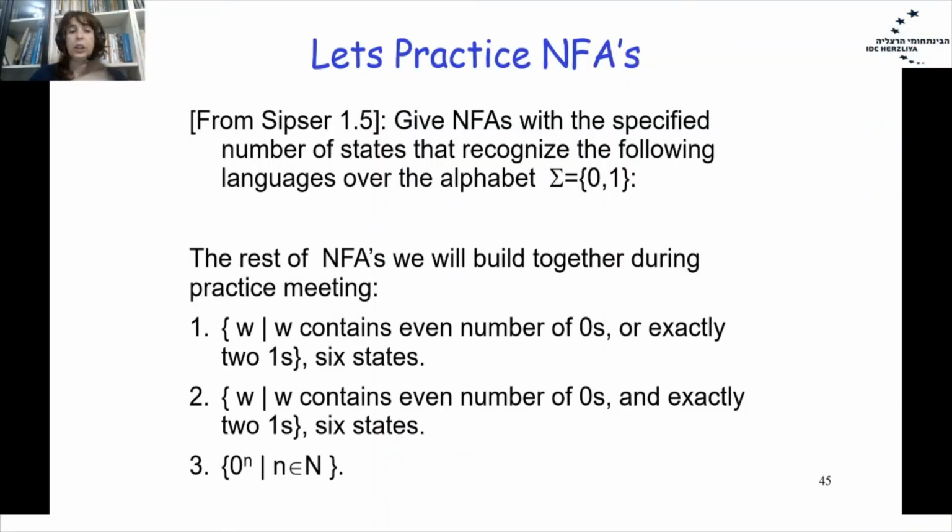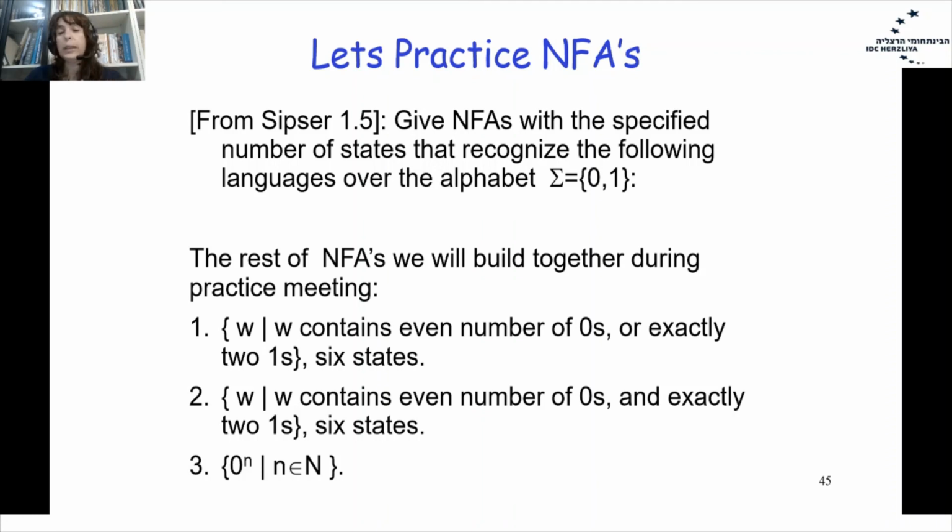Please pay attention. The next three questions we will do during our practice exercise. We will build a non-deterministic finite automaton for the language L that accepts all strings W that contain an even number of zeros or exactly 2 ones.